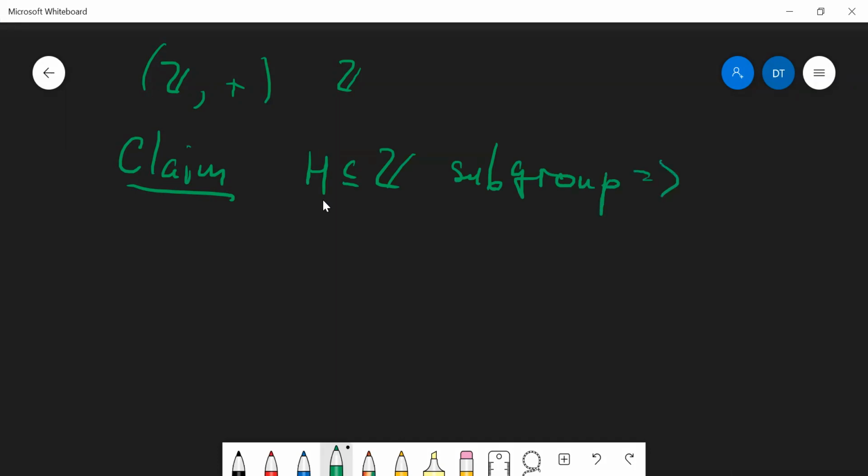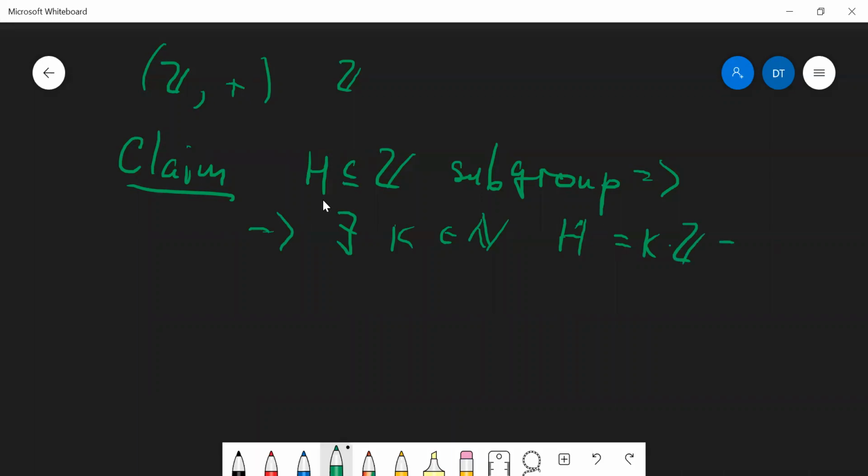Then there exists a positive integer, actually non-negative integer, which is called natural, by the way. There exists a natural number k such that H equals k times Z.